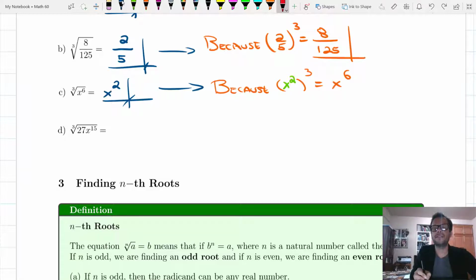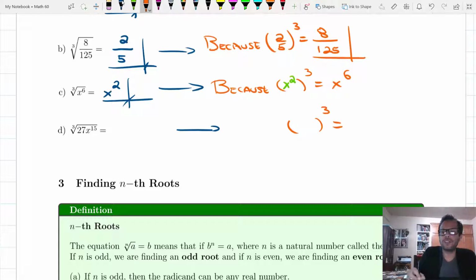All right, let's do another one. Okay, so first, let's do the explanation. What quantity cubed equals 27x to the 15th power? The number, I guess it's very straightforward.